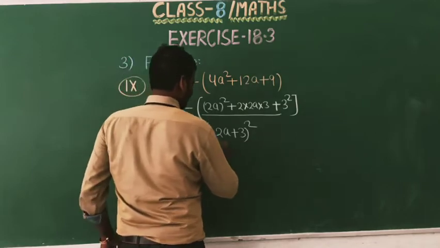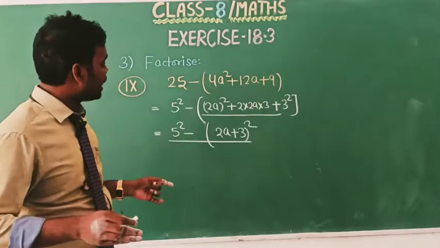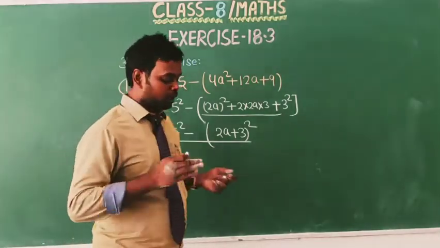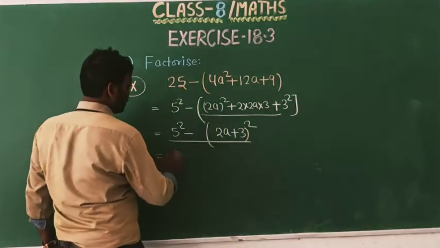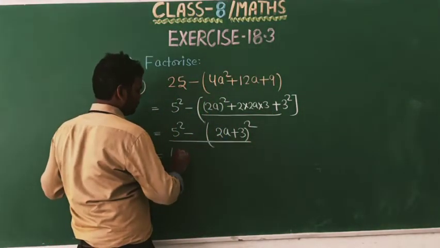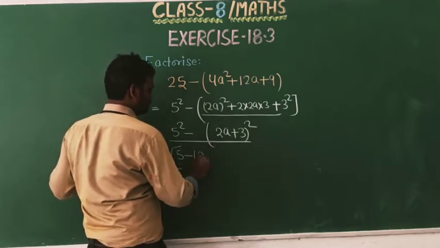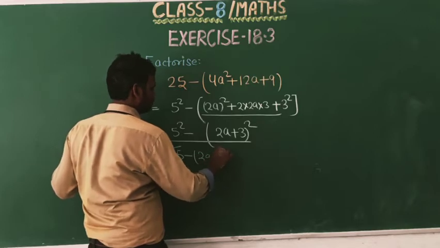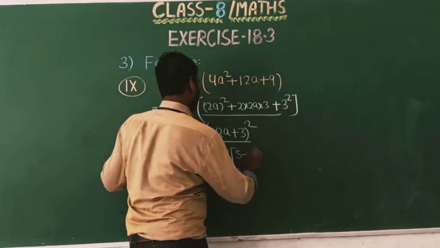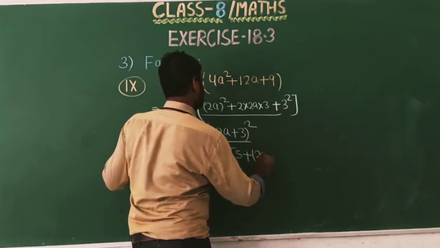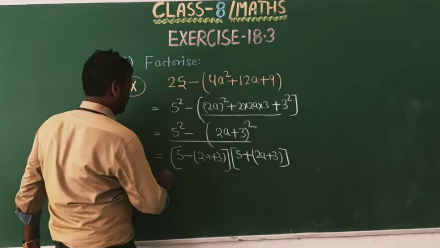Okay, now again using the identity a square minus b square, which is equal to one bracket a plus b, another a minus b. So now from here this expression becomes one bracket 5 minus (2a plus 3) and the other bracket 5 plus (2a plus 3).